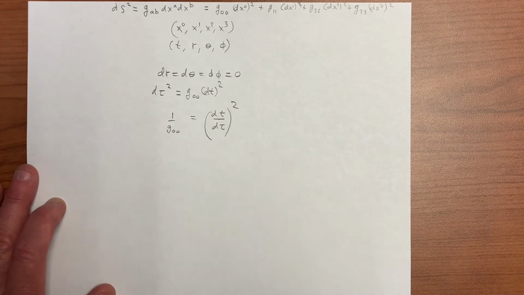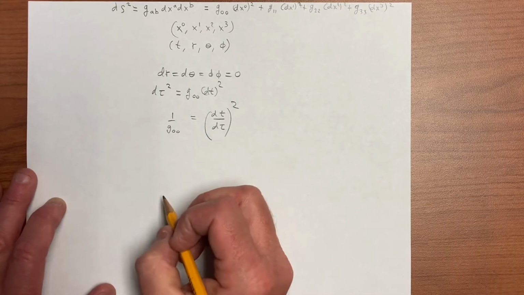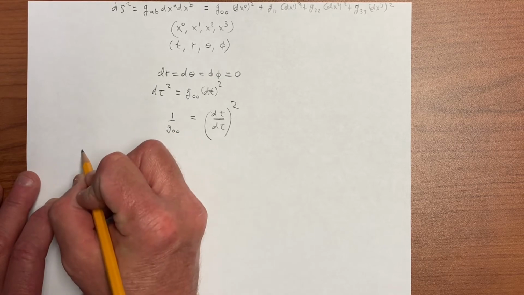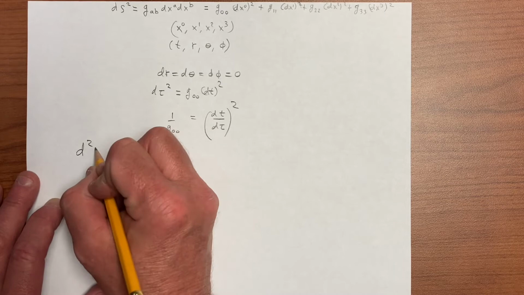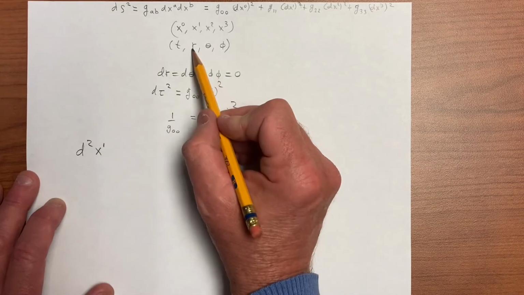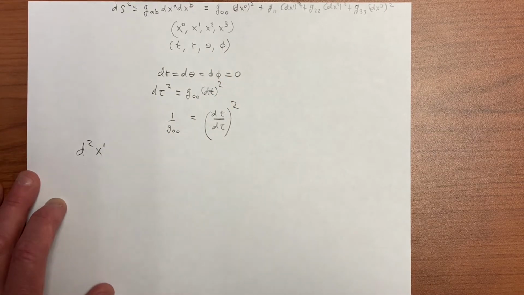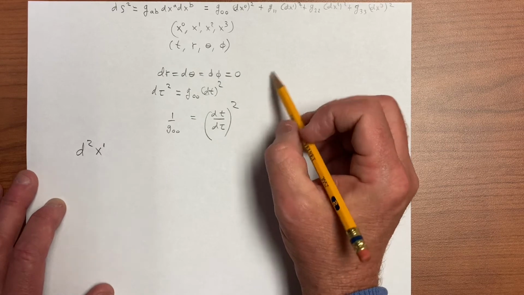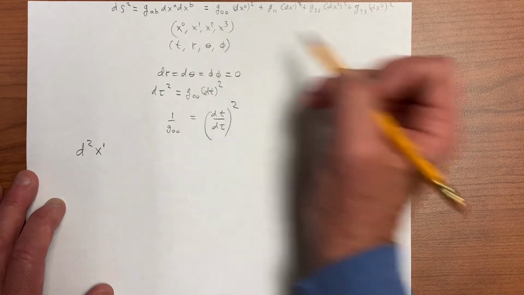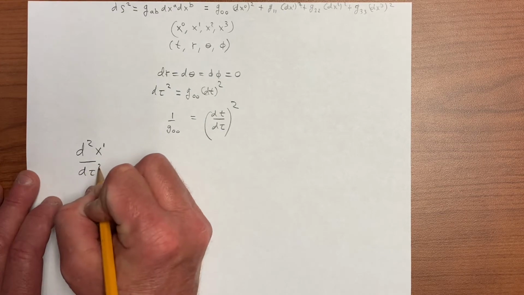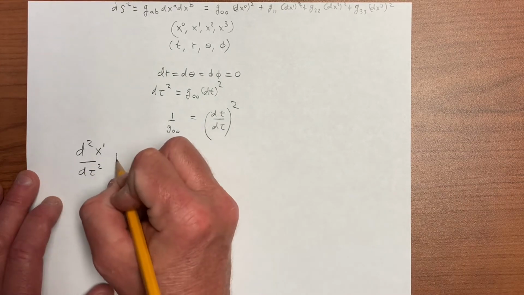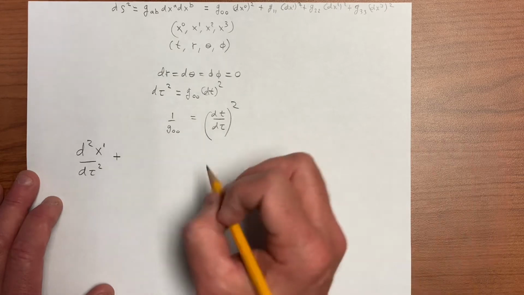So let's look at the second derivative of x1, in other words, the second derivative of r. We're at some location r, and we're looking at the acceleration in that coordinate with respect to proper time, and we know how to compute these, right?